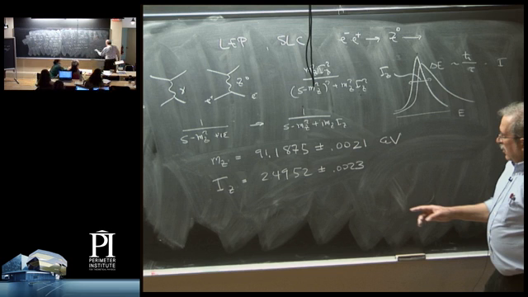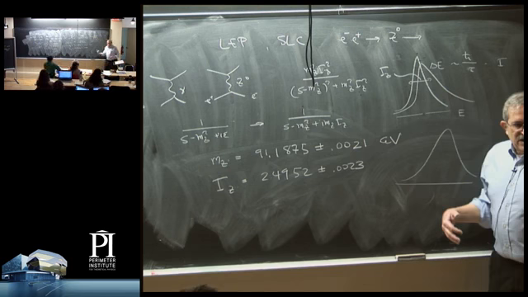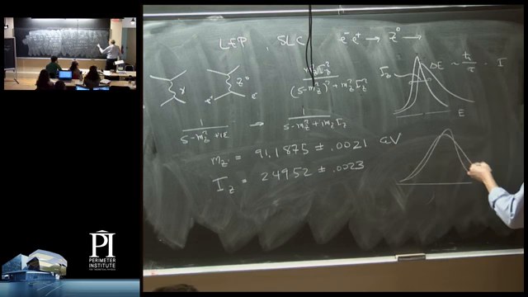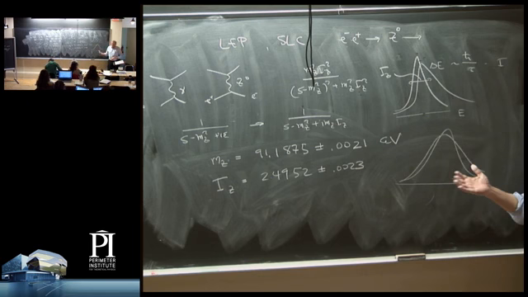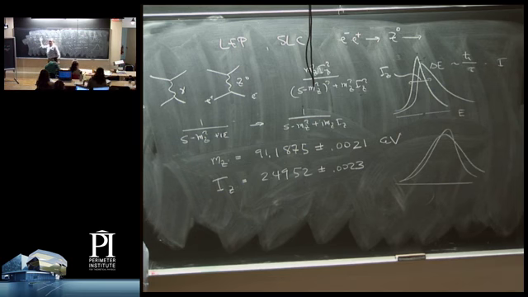And if I draw the curve like that, you can see that if I added additional invisible decay modes, then the curve would be slightly broader and less high. And so if I fit for this effect, I can actually figure out how many invisible decays the Z is making.